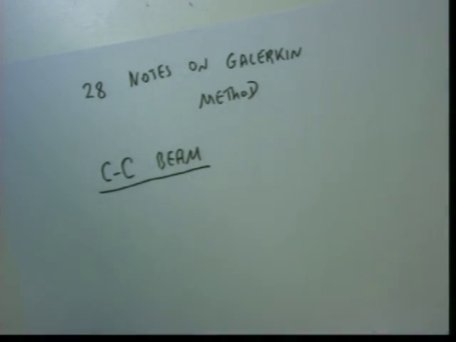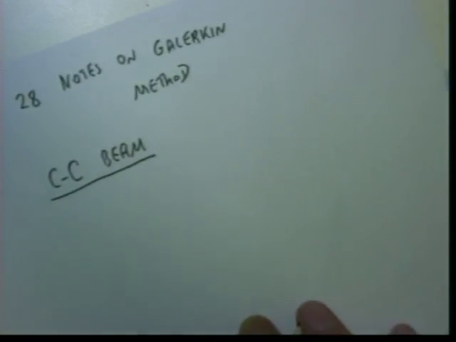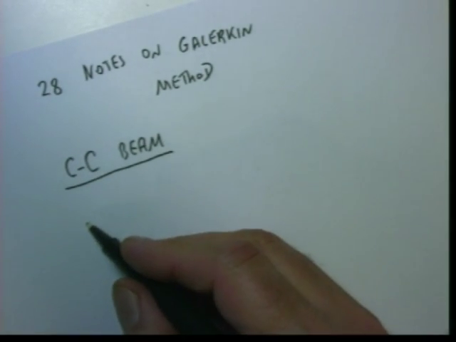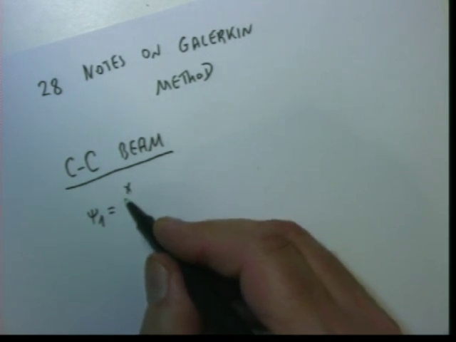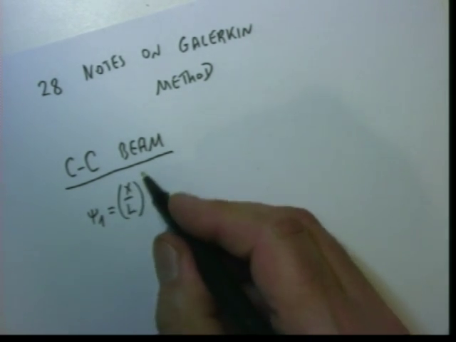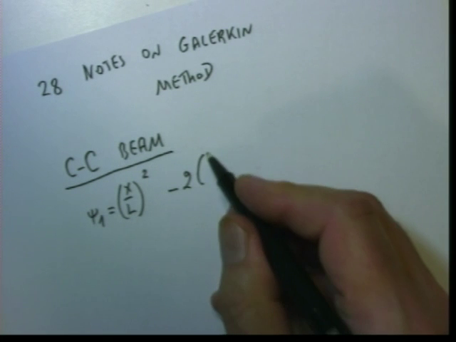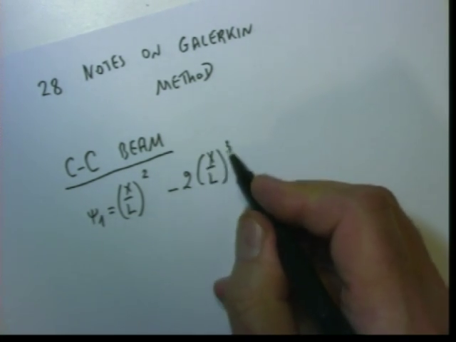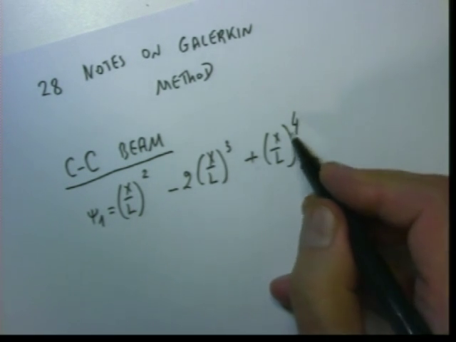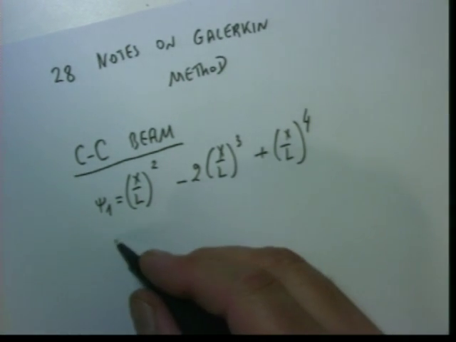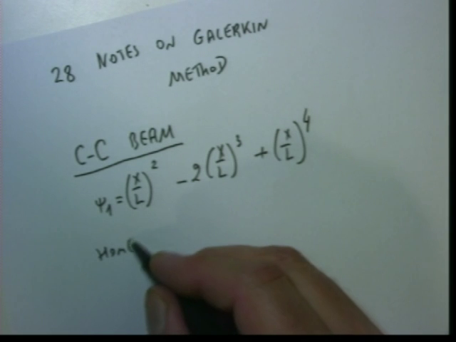Yes, for the clamped beam, students did obtain the following: psi 1 equals x over L squared minus 2 x over L cubed plus x over L in fourth power. So that was a homework assignment.